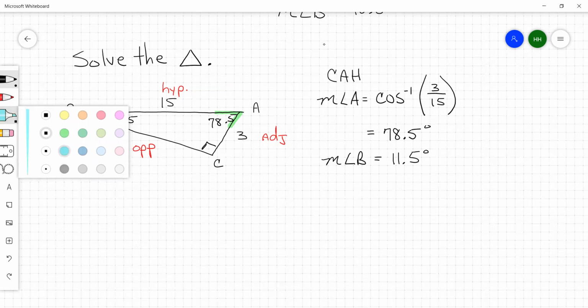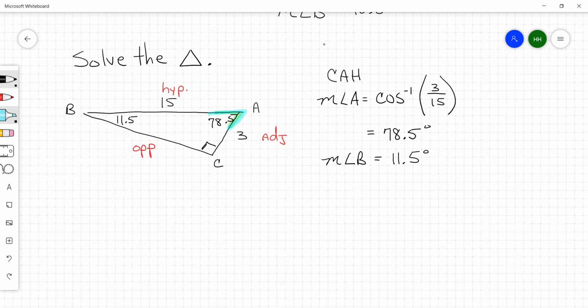So we're using this 78.5 degree angle. We need to find the opposite side, and I'm going to use the adjacent side. So opposite and adjacent. Tan equals opposite over adjacent. So we're back to regular sine, cosine, tangent ratios.